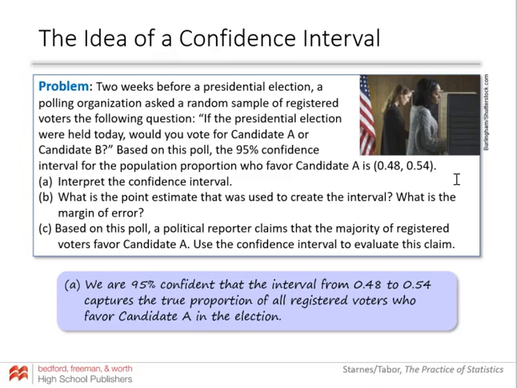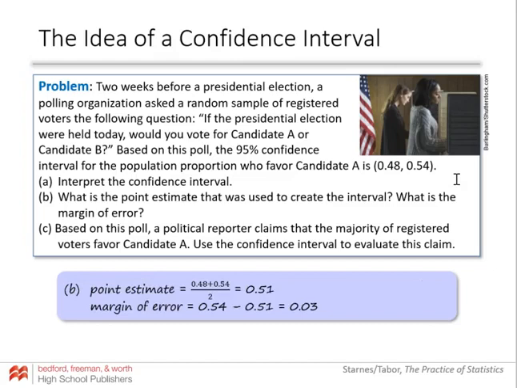Now part B, we want to know what is the point estimate that we use to create the interval and what is the margin of error. The point estimate is always in the exact middle of your confidence interval. To find the midway point between the two, I can add them together and divide by 2, or look at the difference and divide that in half. Sometimes it's easier to just do it in your head.